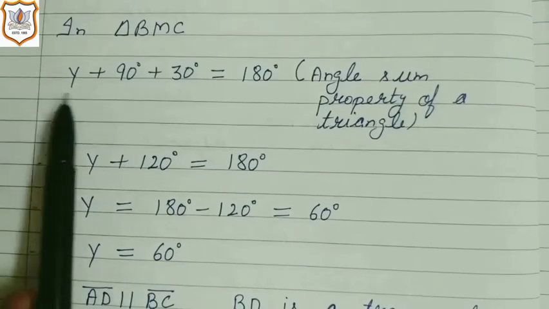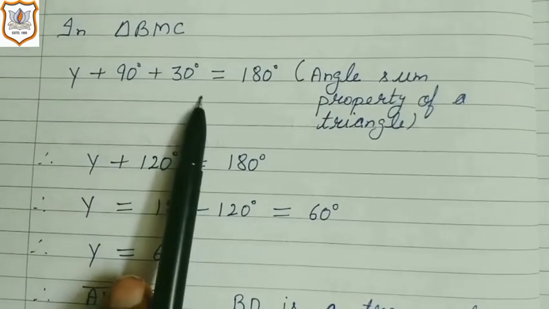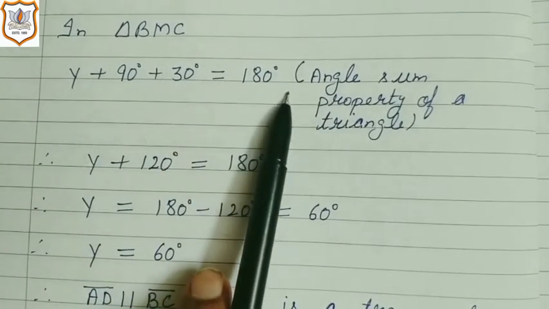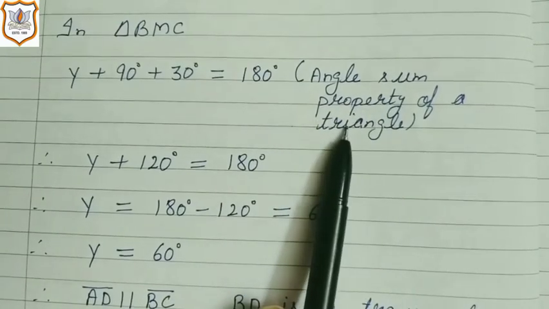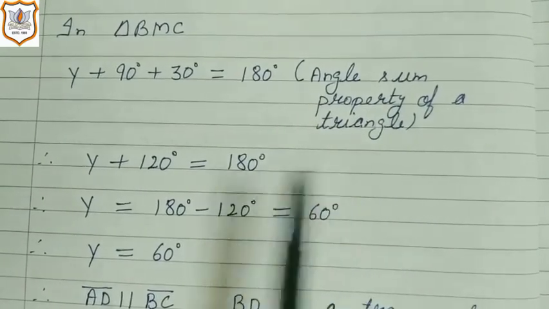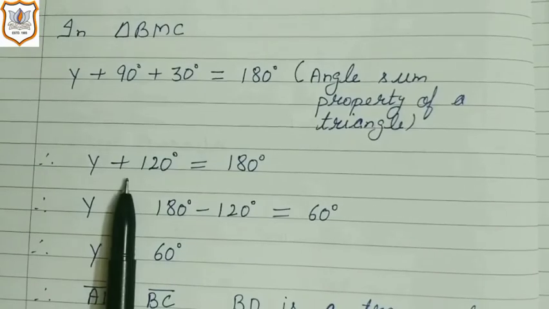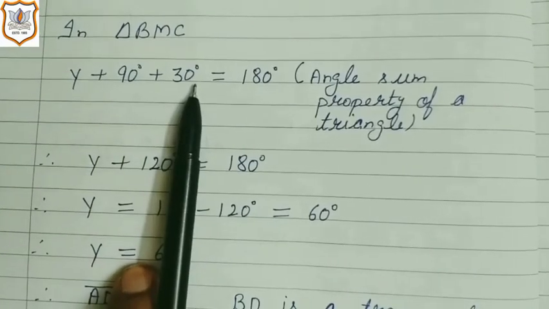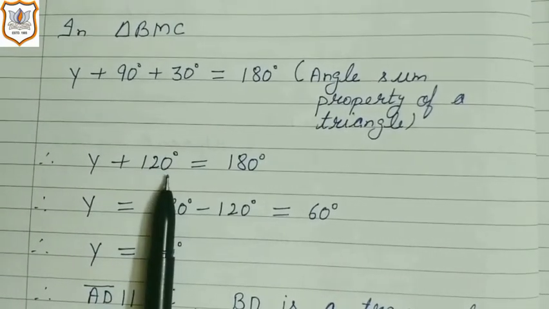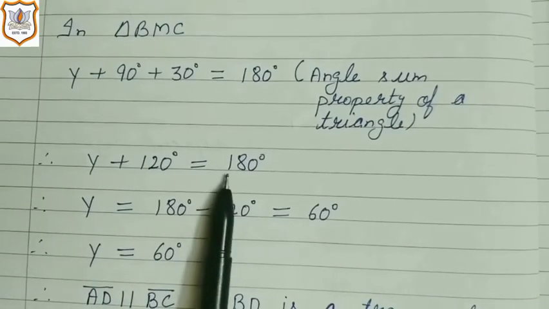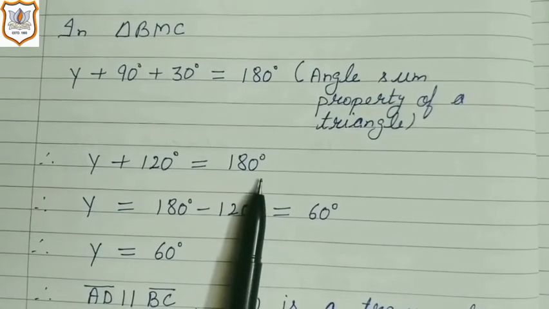So we write y plus 90 degrees plus 30 degrees is equal to 180 degrees. We use the angle sum property of a triangle. So 90 plus 30 is 120. So y plus 120 is equal to 180.